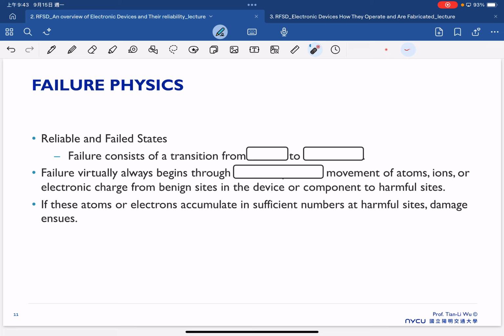This is not only for semiconductor devices, but for all kinds of products, even for human beings: we have the reliable state and also the fail state. So in general, the failure consists of a transition from reliable to fail states.